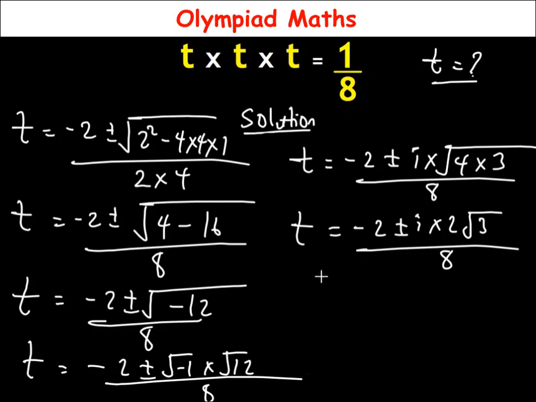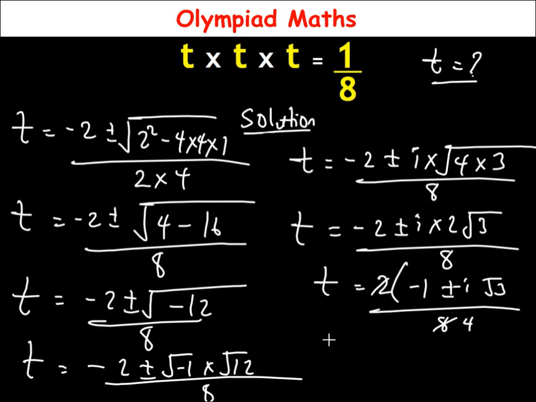From here, you can factorize out 2 from here. You have 2 in bracket minus 1 plus or minus i root 3, then all over 8. From here, 2 will divide 8, you have 4, such that t is then equal to 1 over 4 in bracket minus 1 plus or minus i root 3. And with this, we've gotten the value of t.